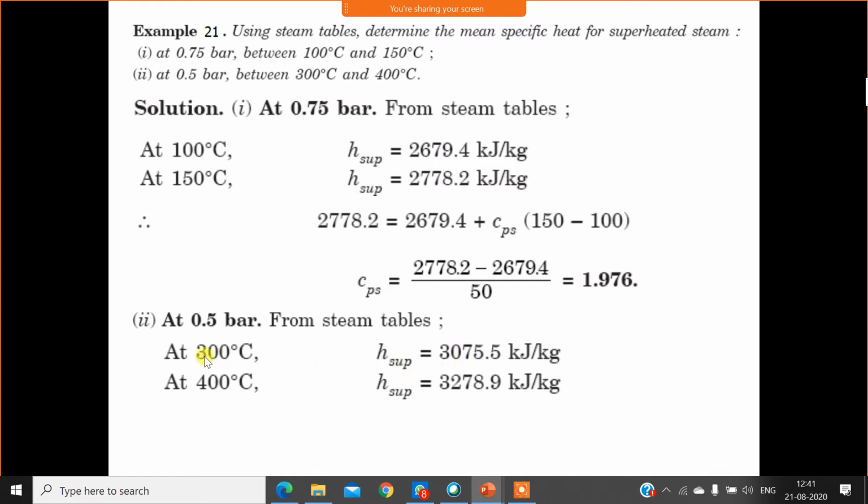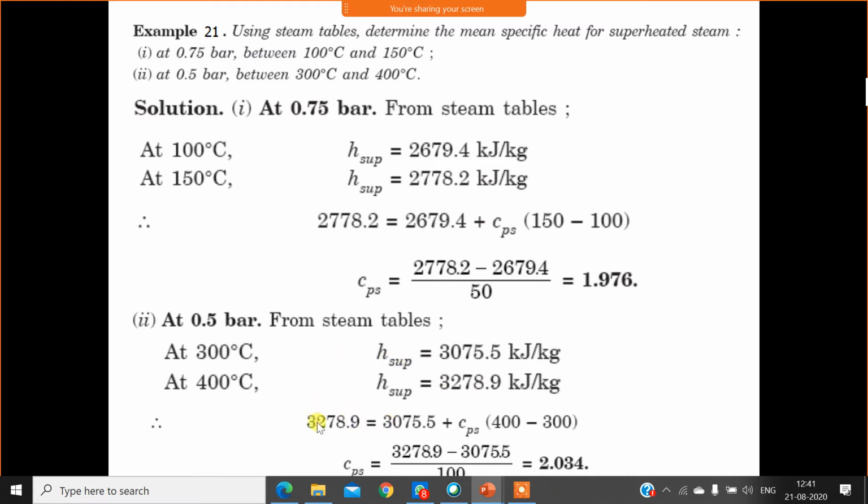Enthalpy of superheated steam at 300 degrees Celsius is 3075.5 kilojoule per kg, and at 400, 3278.9.